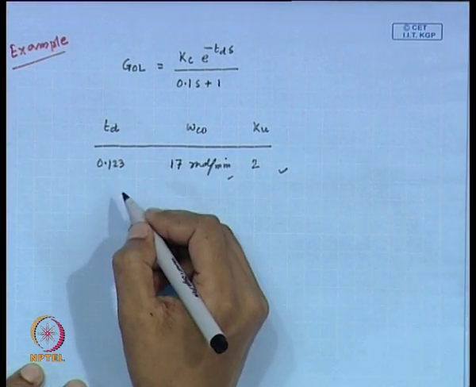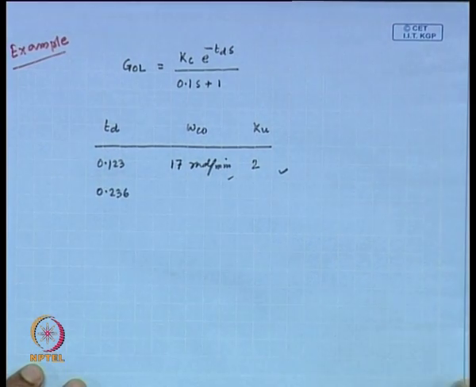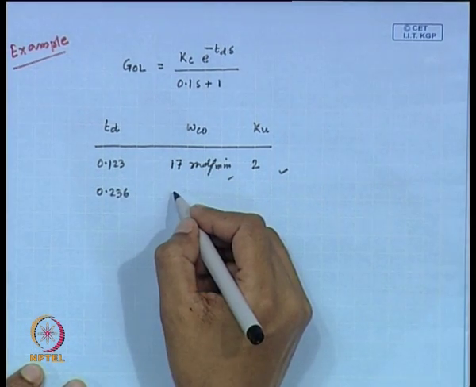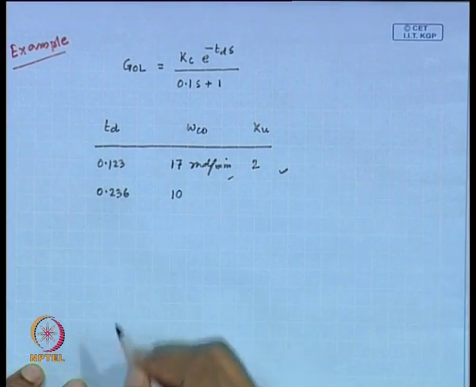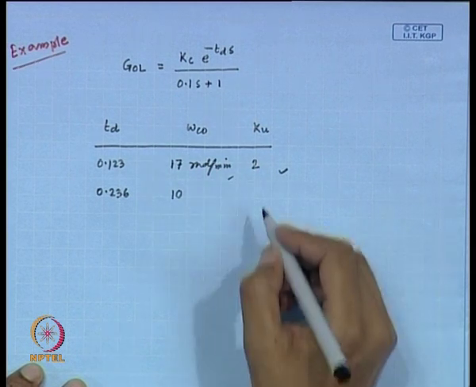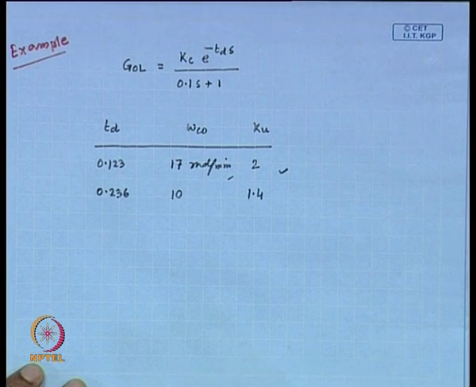Similarly, if we increase Td to 0.236, then the crossover frequency is reduced to 10 radian per minute, and ultimate gain is also reduced to 1.4.